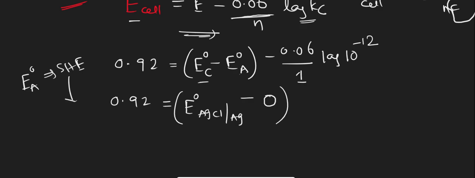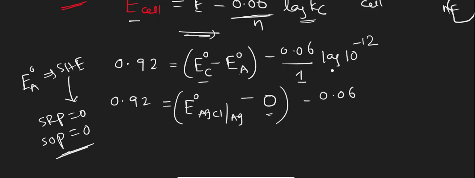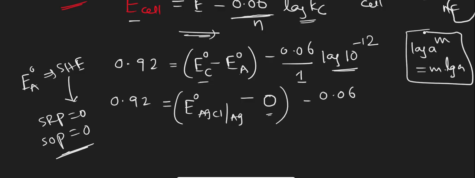For this standard hydrogen electrode, the reduction potential will be 0, SRP will be 0, and SOP also will be 0. So here the oxidation potential I am taking as 0, minus 0.06 into log 10 power minus 12. We know that log A power m equals m into log A, so apply this formula in order to solve this. Therefore I'm writing this as minus 12 into log 10.